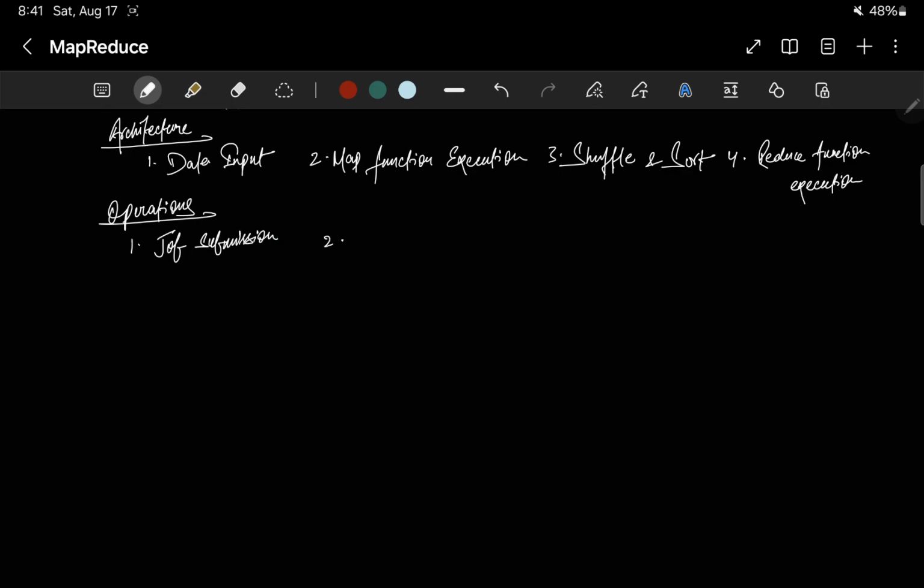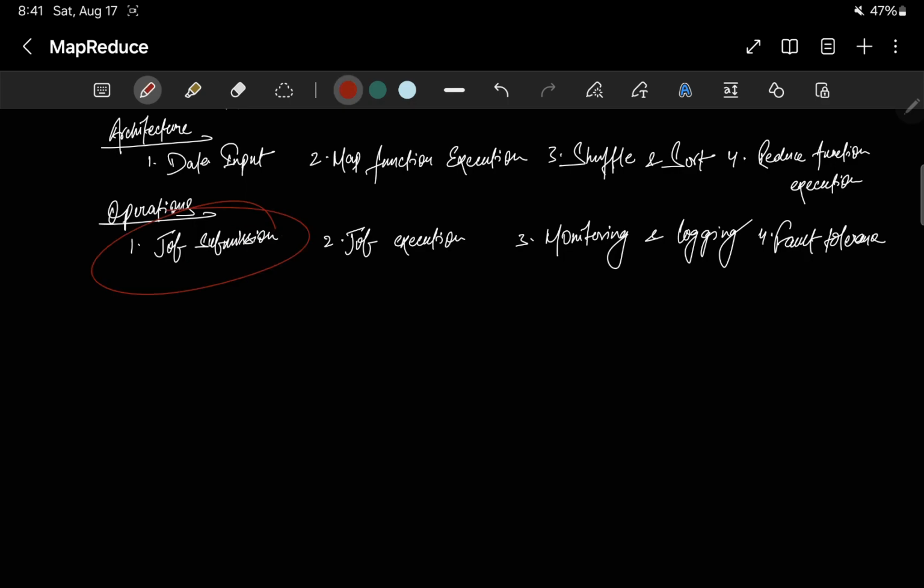Next is job execution. Next is monitoring and logging, and fault tolerance. So again, it's nothing new.